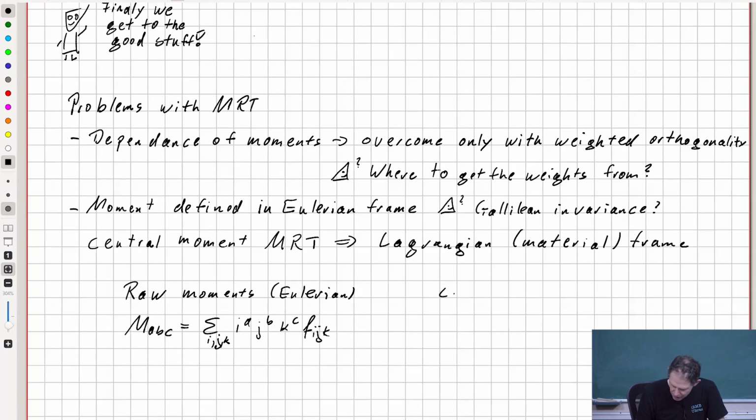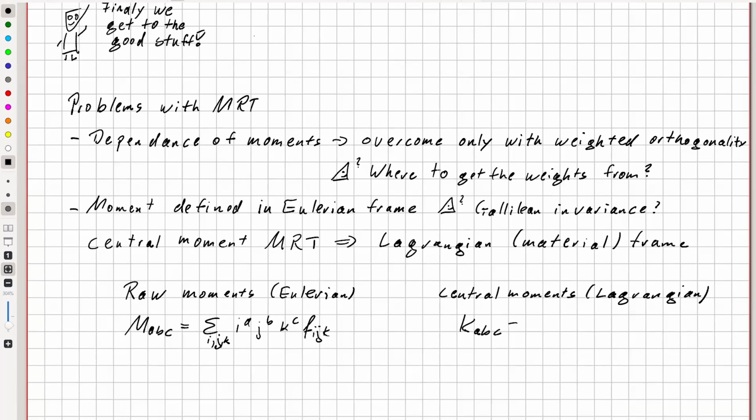And the central moments, which are Lagrangian, we call them K_abc, equal to the sum over i, j, and k, of (i minus u) to the power of a, (j minus v) to the power of b, and (k minus w) to the power of c, f_ijk.